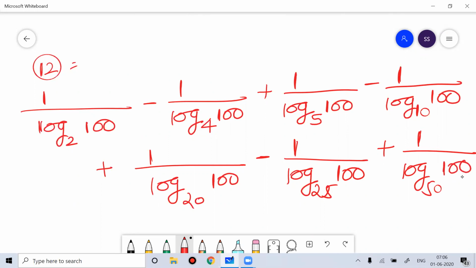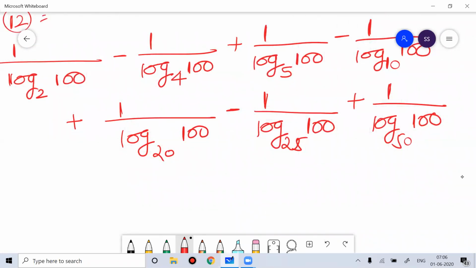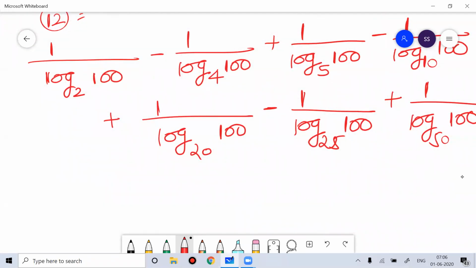Okay. To solve this, options are given, but there's no point in giving the options. It's very easy. One of the very easiest problems I've gone through. So very simple, you can solve this.